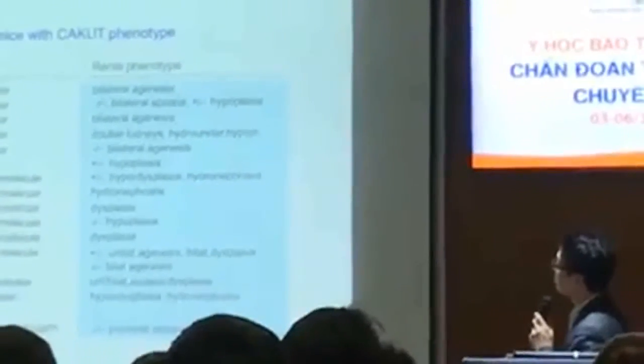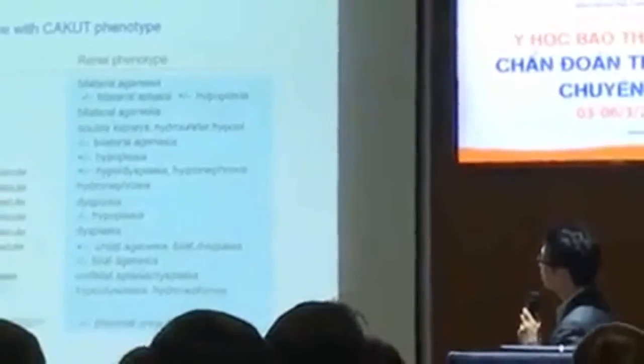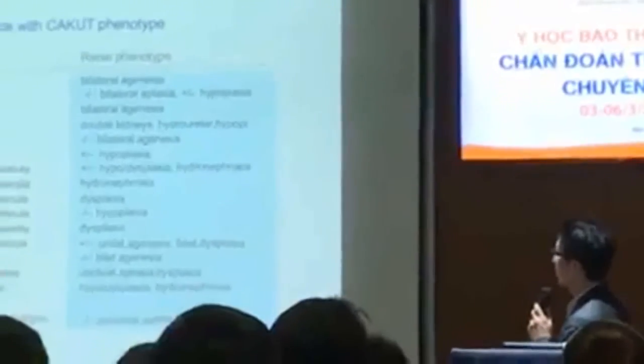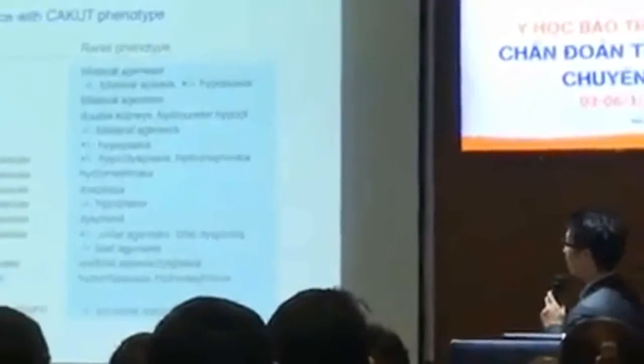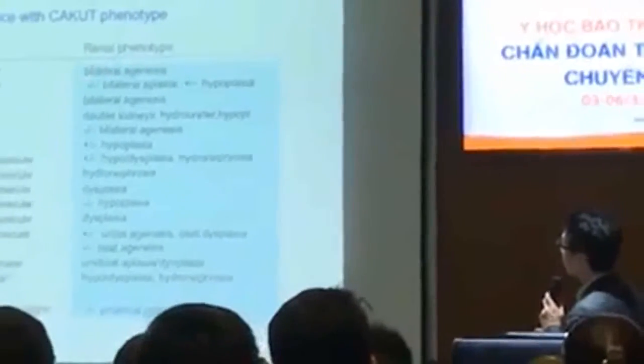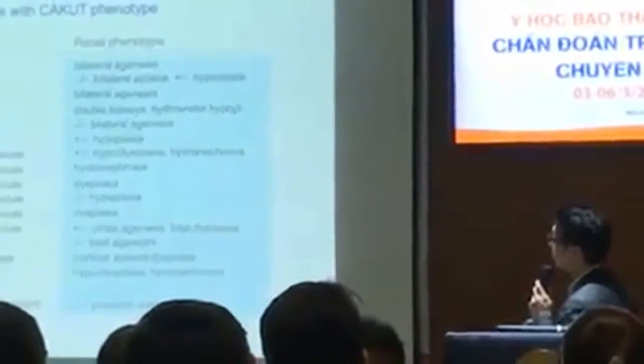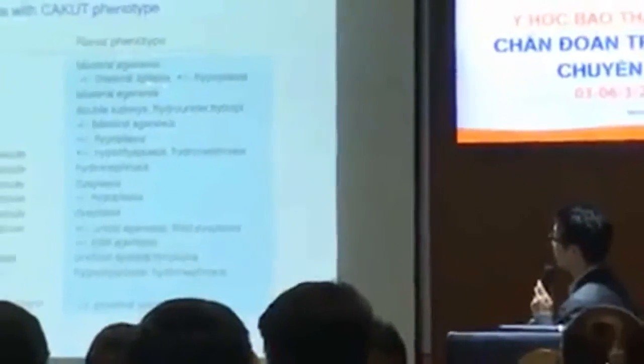There are some transcription factors, some secreted signal molecules, and receptor kinases. All of these correlate with the renal phenotype, including bilateral agenesis, which is very important, a really severe form, right? Bilateral aplasia or hypoplasia, bilateral agenesis of kidney. And this includes double kidney, hydroureter, etc.